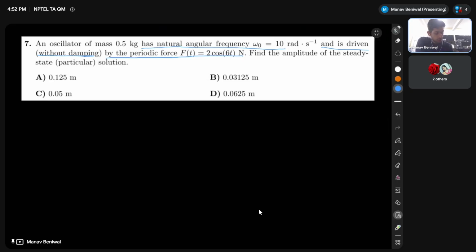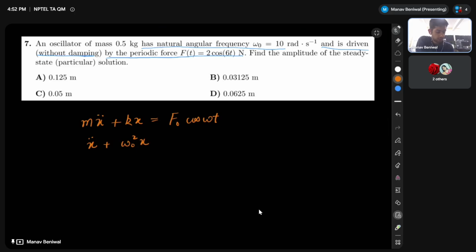Okay. So for a forced oscillator, the equation of motion m x double dot plus k x, instead of being equal to 0, is now equal to F naught cos omega t, because this is the external force. Okay, so we can rewrite this equation as x double dot plus omega naught squared x equals F naught over m cos omega t.